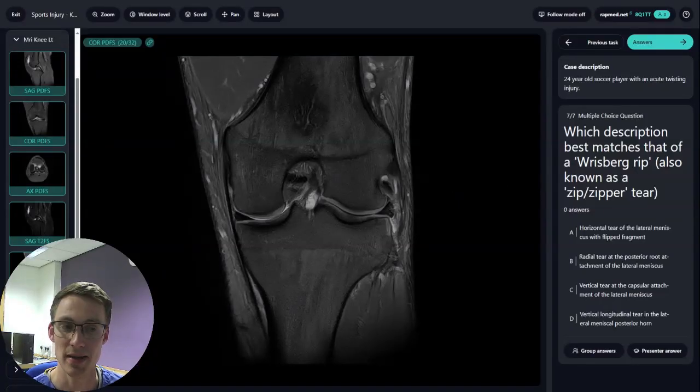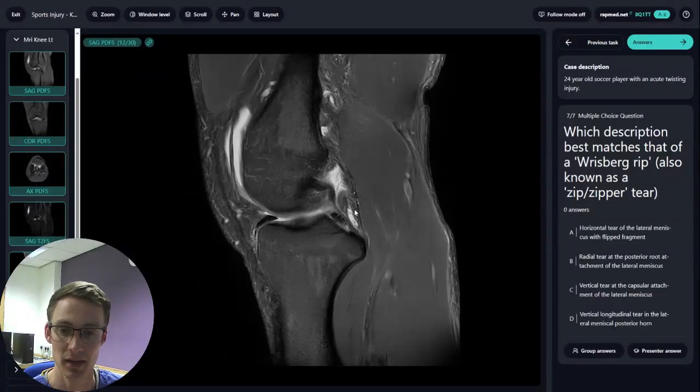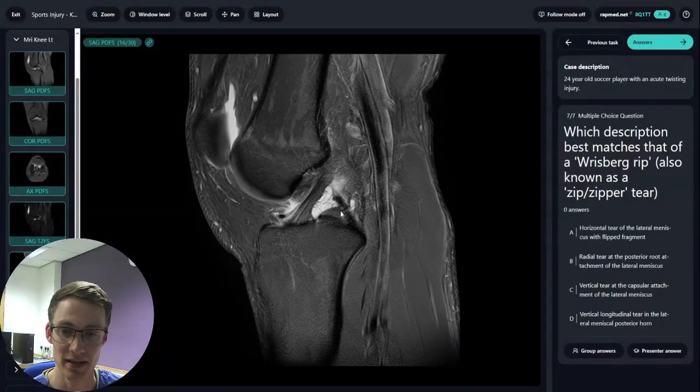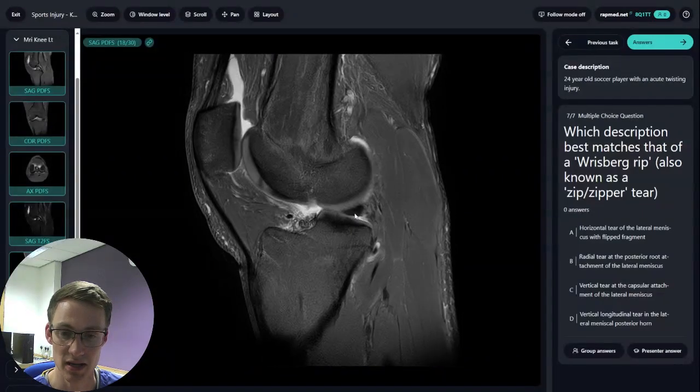Which description best matches that of a Risberg rip? This is a meniscal tear involving the posterior horn of the lateral meniscus, seen where the intermeniscal ligament inserts into the posterior horn, and it's vertically orientated and longitudinal. So the answer here would be D.